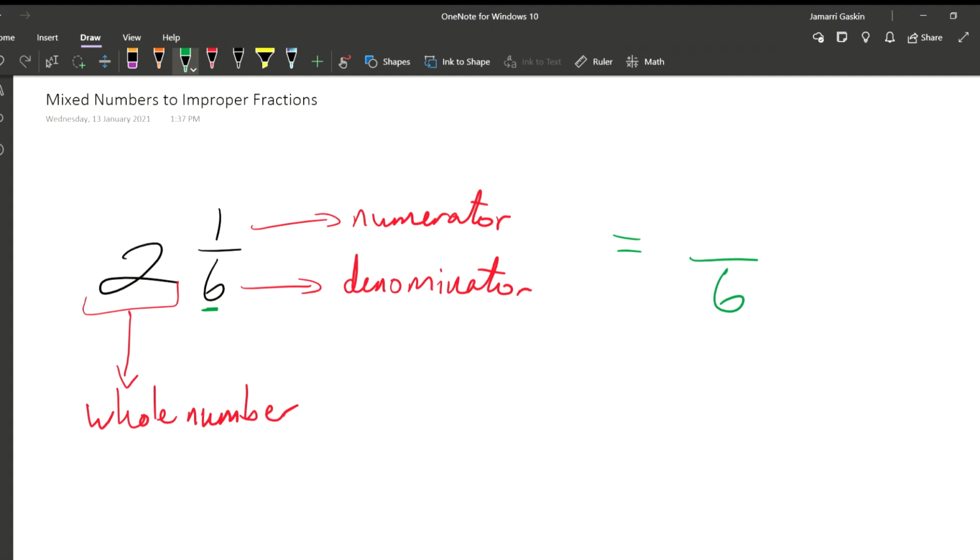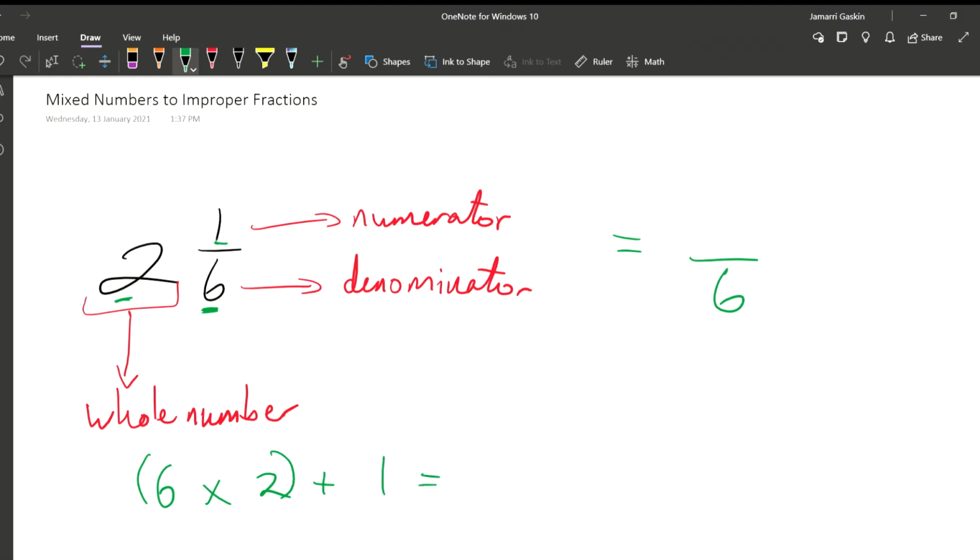What you do is you take the denominator, 6, and you multiply it by the whole number. And when you get that, you add your numerator to it. So you take your denominator, 6, multiply it by your whole number, which is 2, and whatever answer you get from that, you add it to your numerator, which in this case is 1.